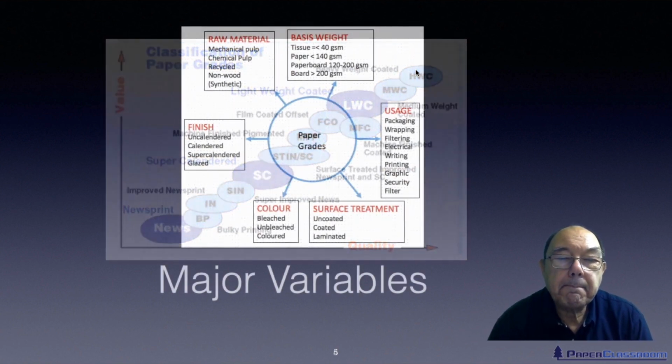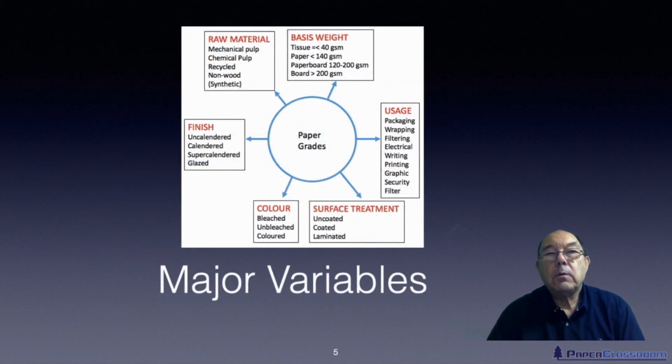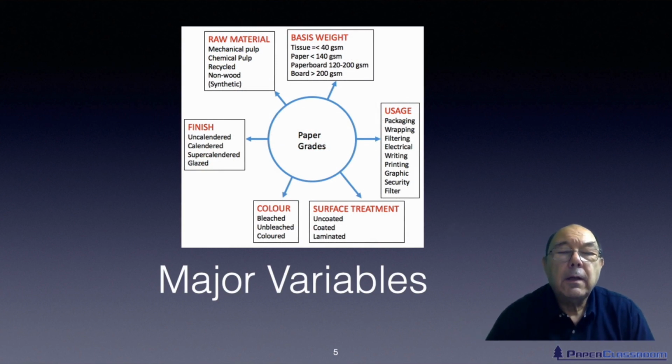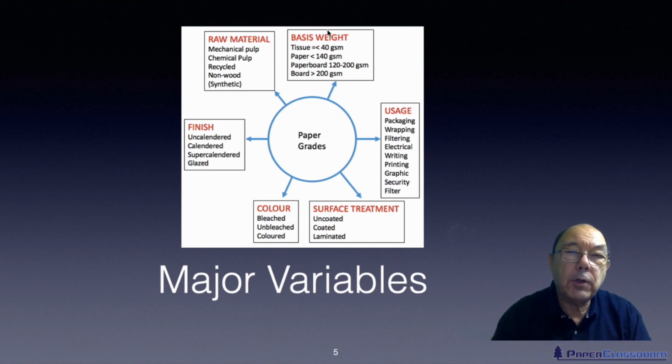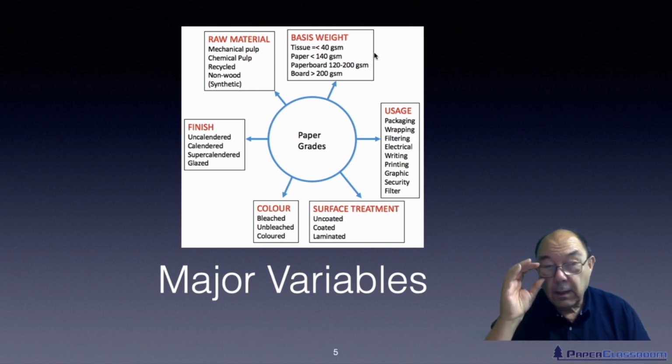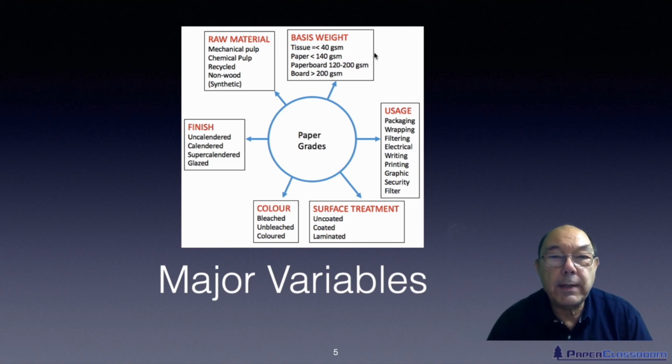Now, when you come to sell paper, there's many different ways of trying to sell paper. Everyone's looking for their unique selling point, and you can categorize paper in many different ways depending on how you want to sell it. For example, you could sell it, as you see here, based on its basis weight.